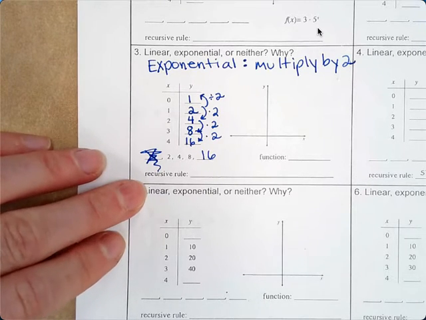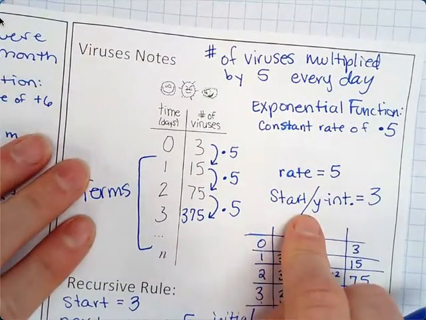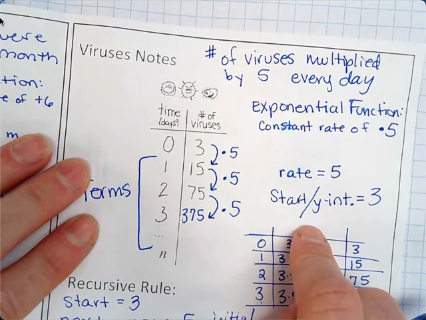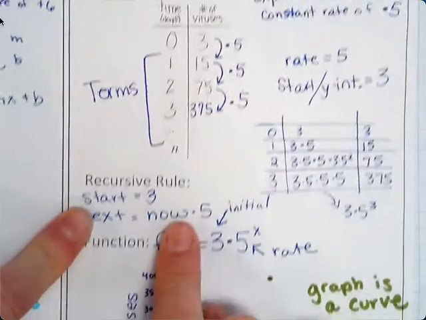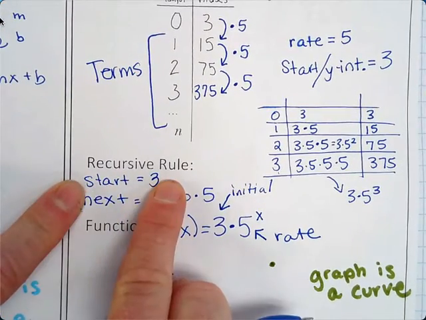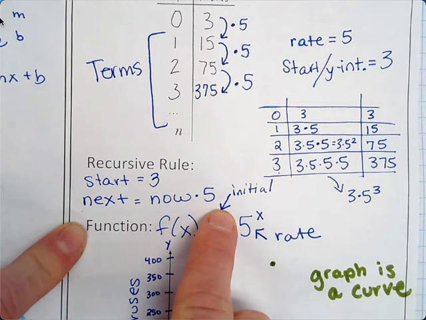Okay, so then the recursive rule, let's look at the exponential. Once we decide it's exponential, we can use the exponential example that we have in our journal, which is the viruses. So for the recursive rule, we write our start equals and our next equals now times something for exponential.